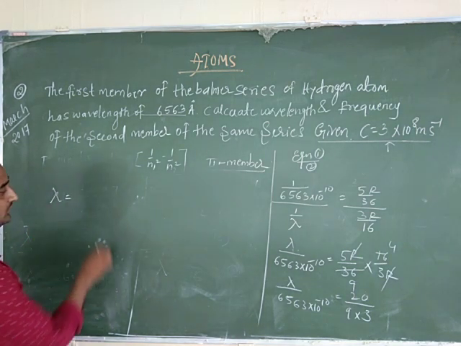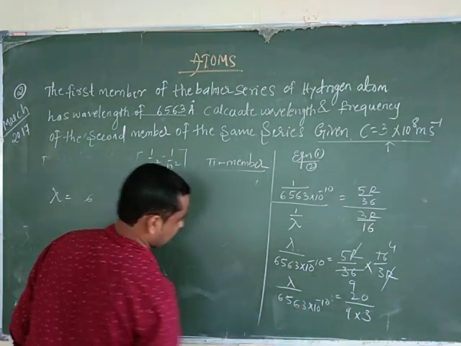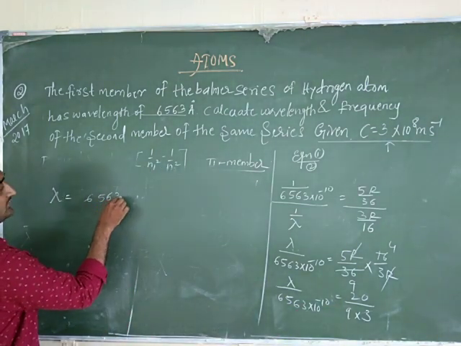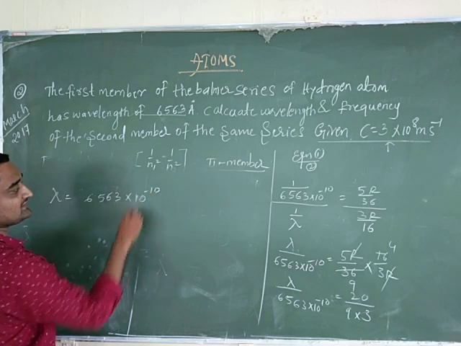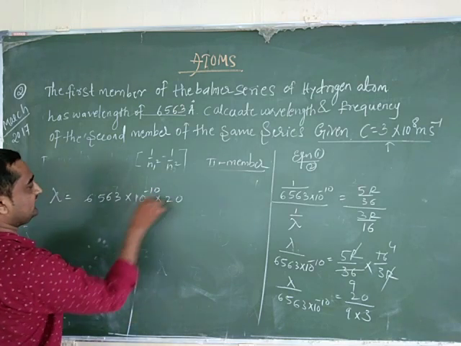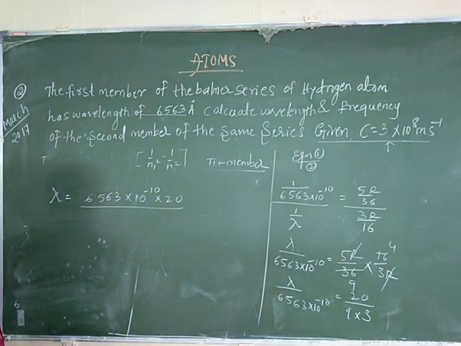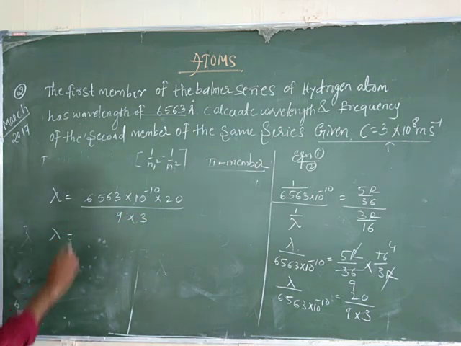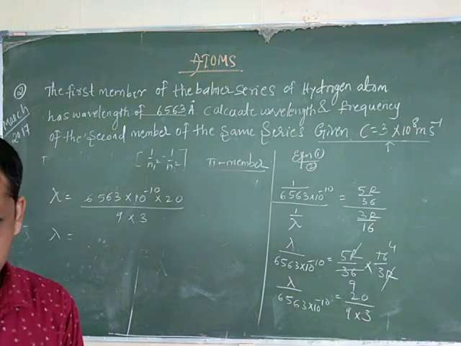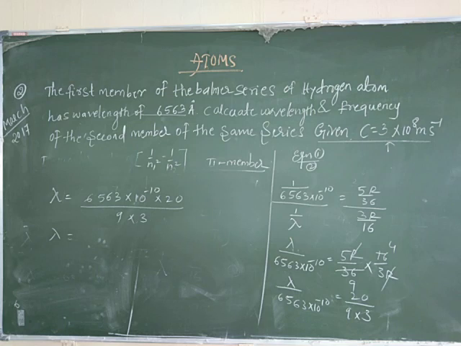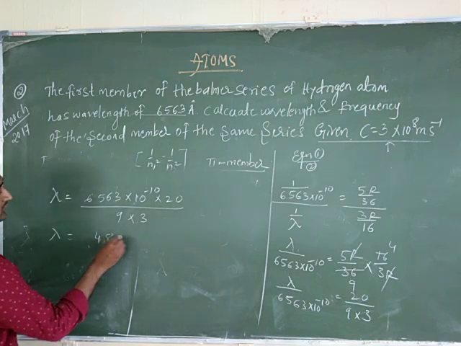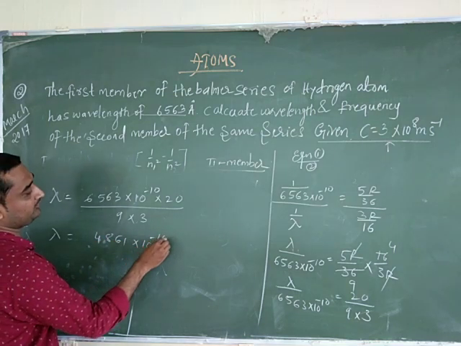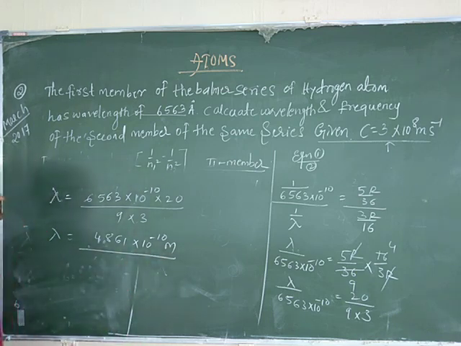Therefore lambda is equal to, taking this to the RHS, 6563 into 10 to the power minus 10 into 20 divided by 27. By solving this, we will get the answer: 4861 into 10 to the power minus 10. So this is the wavelength of the second member of the Balmer series.